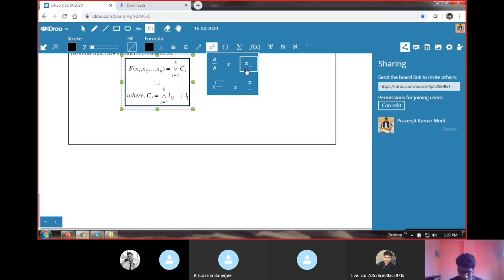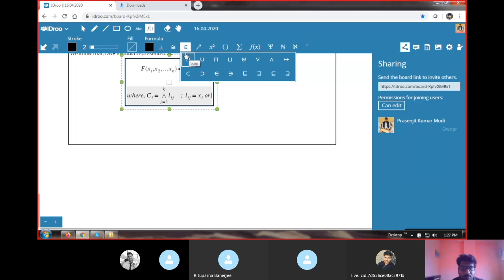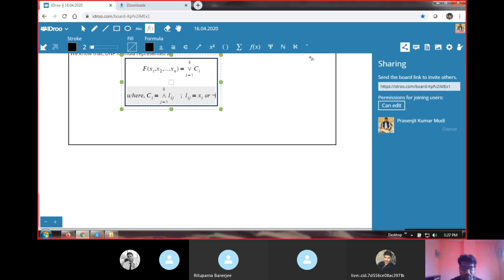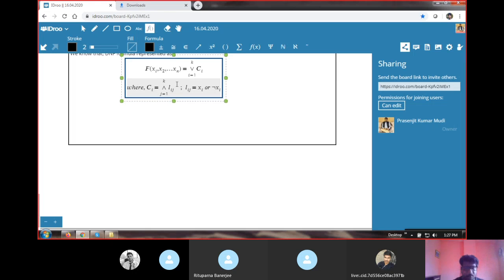Each literal is either x i or x i bar, the negation of x i. So this is the model formula.